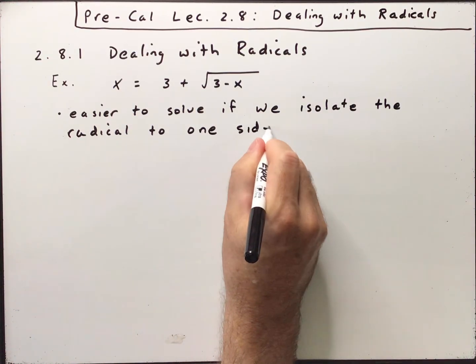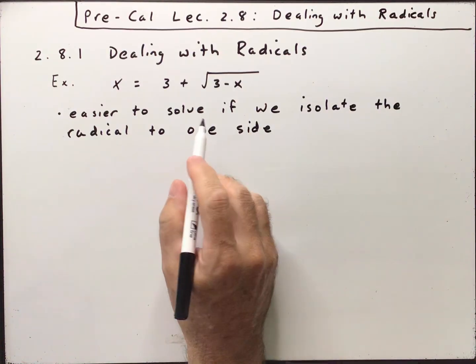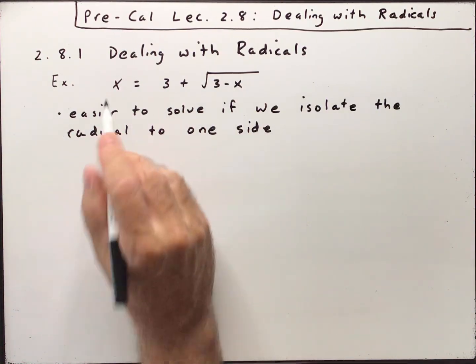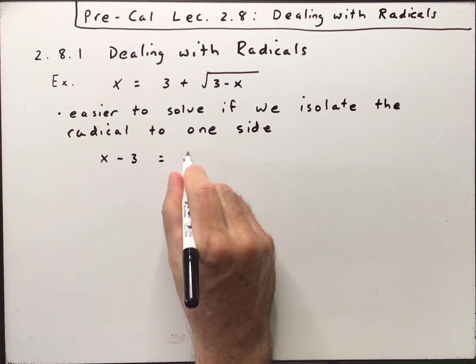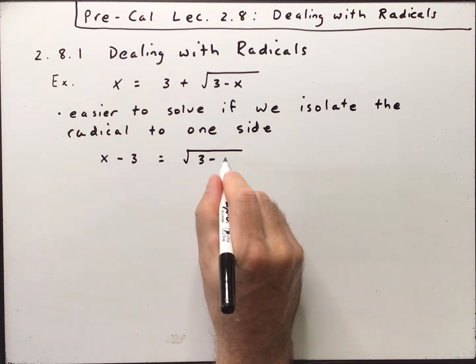So we really just want the radical by itself on one side. So what we can do is move this 3 to the left, and we have x minus 3 is equal to the square root of 3 minus x.